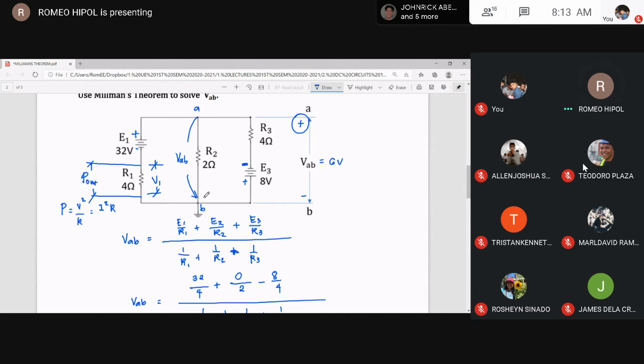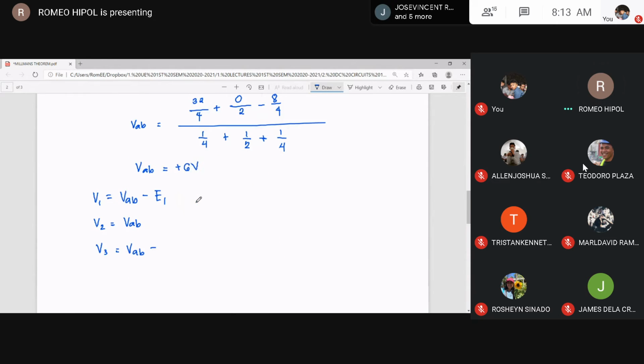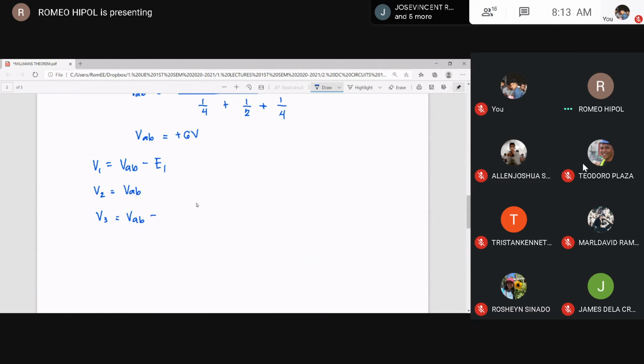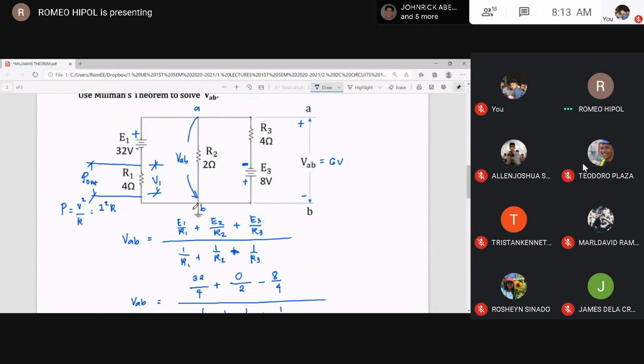Are you confused? You still get the difference. It's just that our voltage E sub 3 will have a negative value. But the correct way there is to apply KVL. Understood?